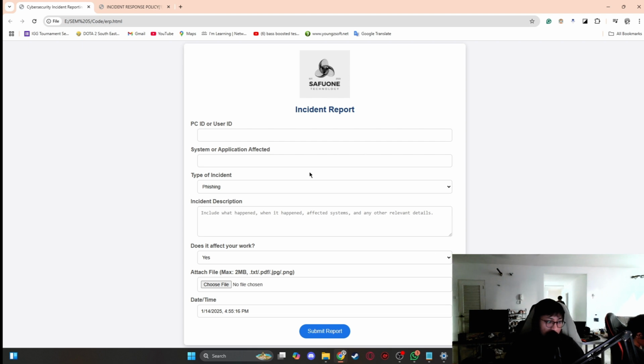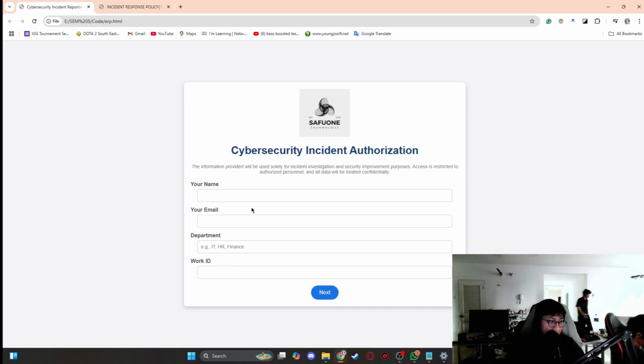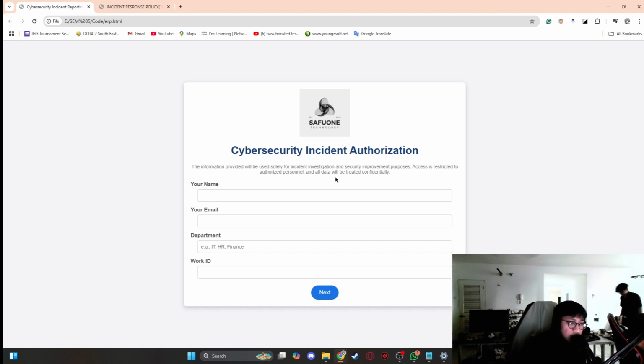Oh, by the way, for the first page, if you can go back, it is also stated that the information provided will be used solely for incident investigation and security improvement purposes. Access is restricted to authorized personnel, and all data will be treated confidentially.